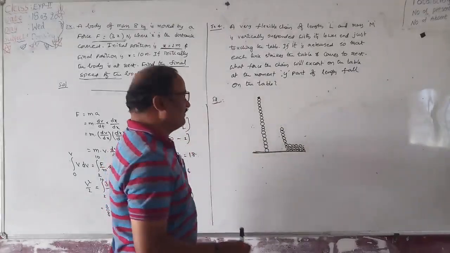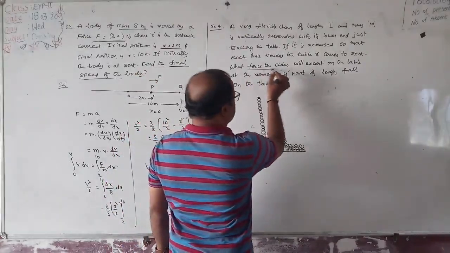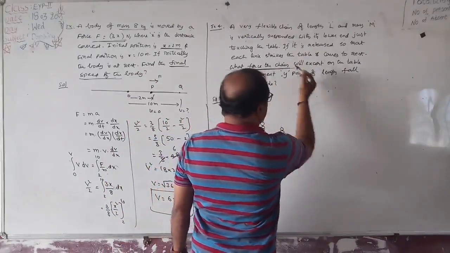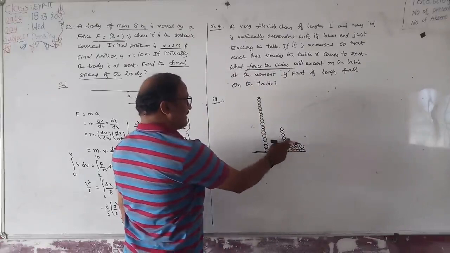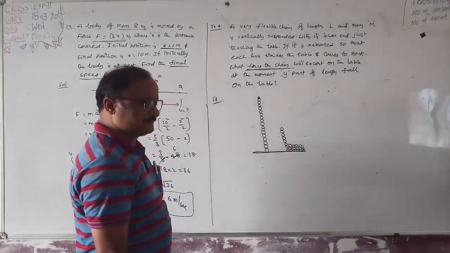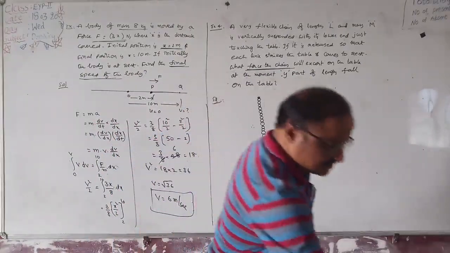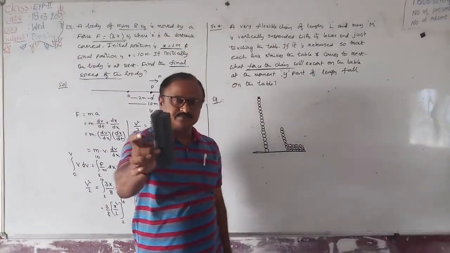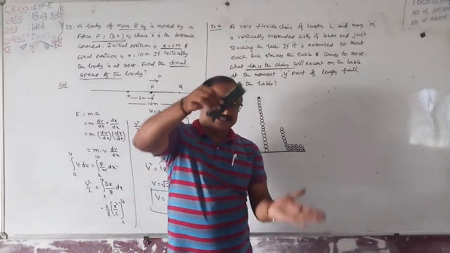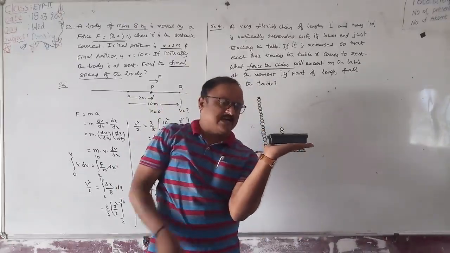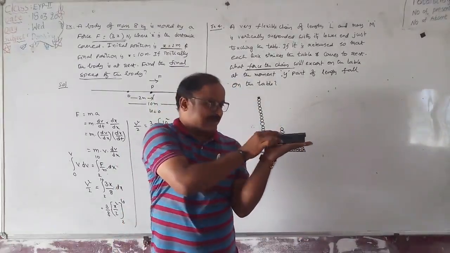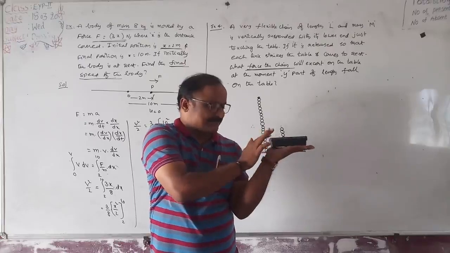What is our aim? Find the force exerted on the table by the chain. That is what we need. Suppose this is a duster. Let the duster be kept on the palm or a horizontal table. Find the force exerted on the table by the duster.